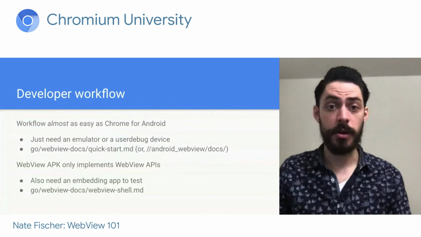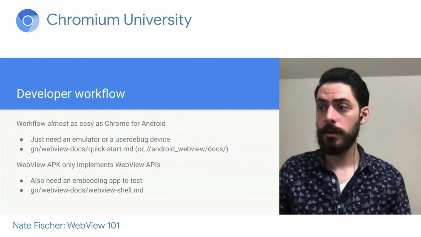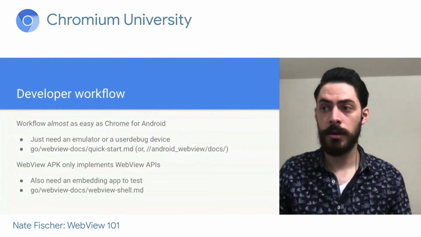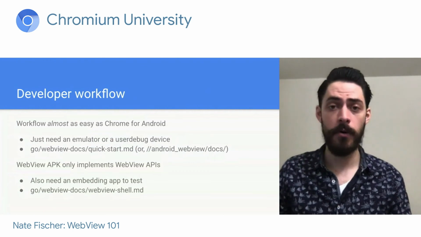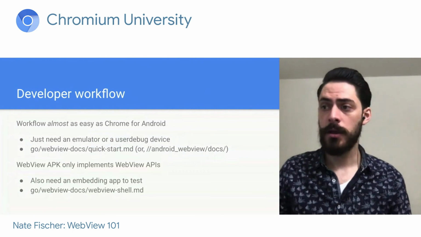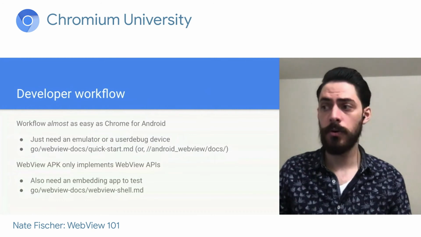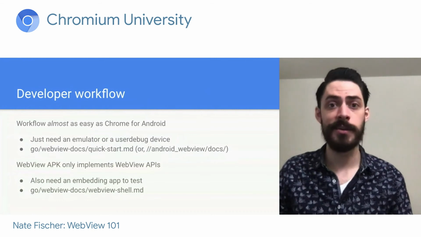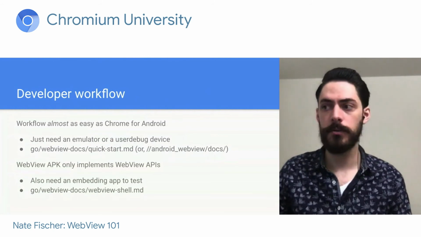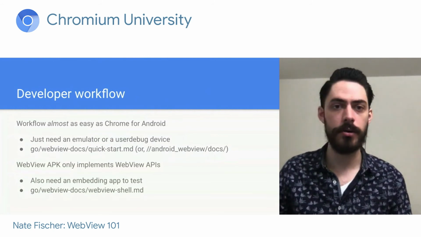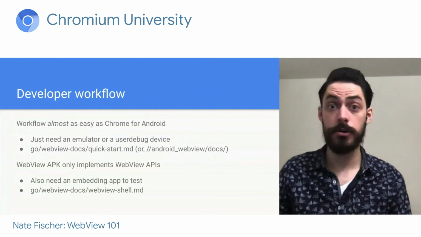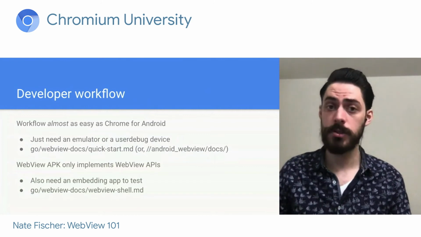It all happens in a Chromium checkout. You just need either an Android emulator or a userdebug phone. And you can go to WebView docs quick start, or you can just find this file in the Chromium checkout. It's under android_webview/docs. So I encourage you to check that out. I think it's not too hard to get started.